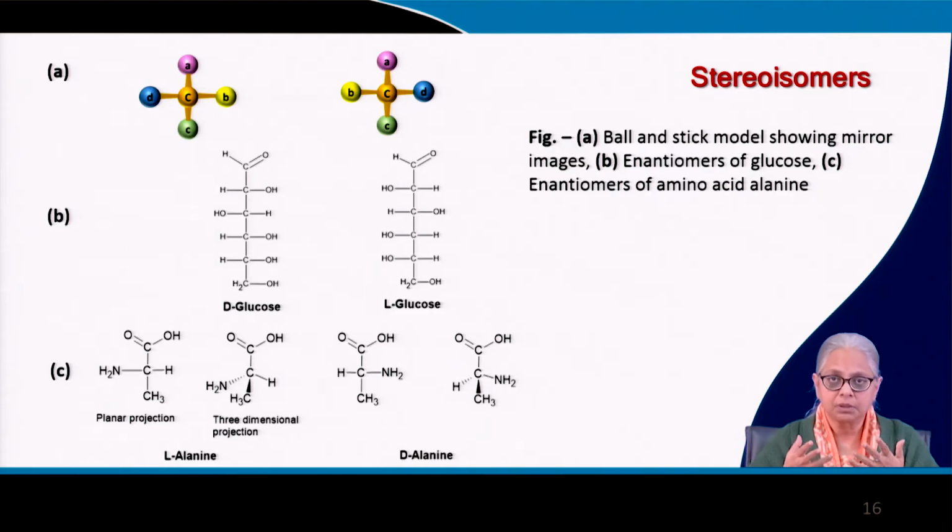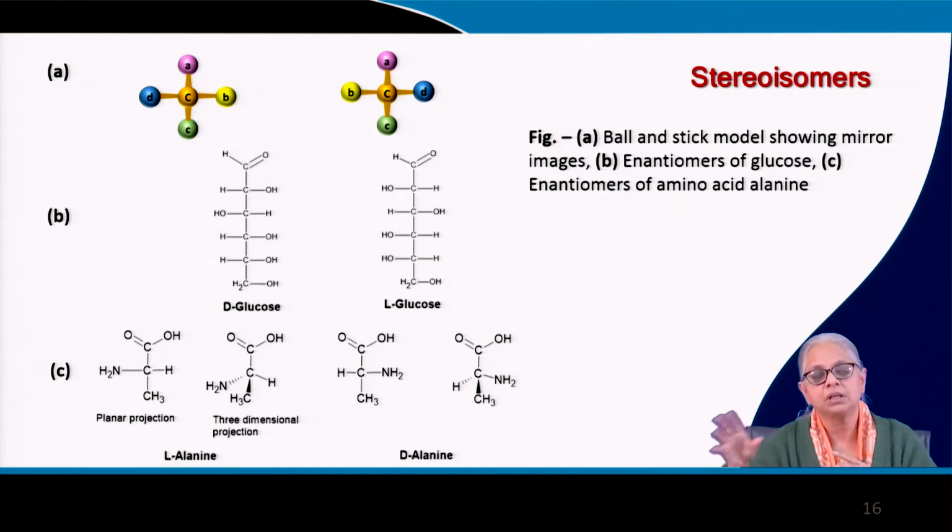They give the same sweet taste to the mouth, but because they bypass the digestive system, the body does not have the ability to digest an L-glucose molecule. So the taste satisfaction is there, but the sugar is not digested by the human being. That is one example of a stereoisomer not being utilized.